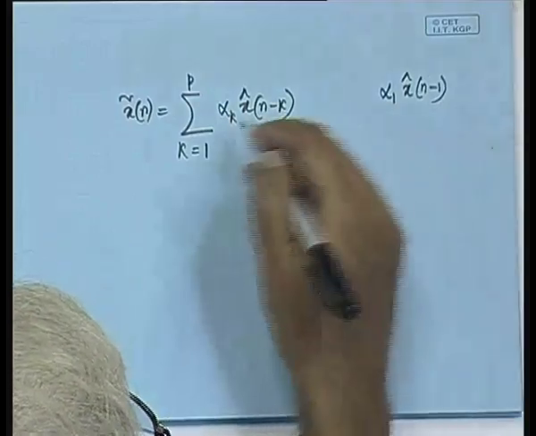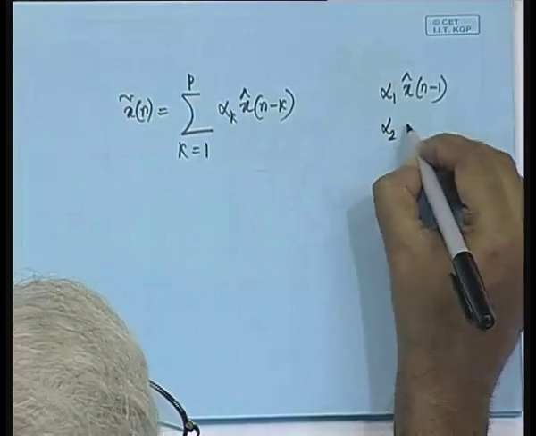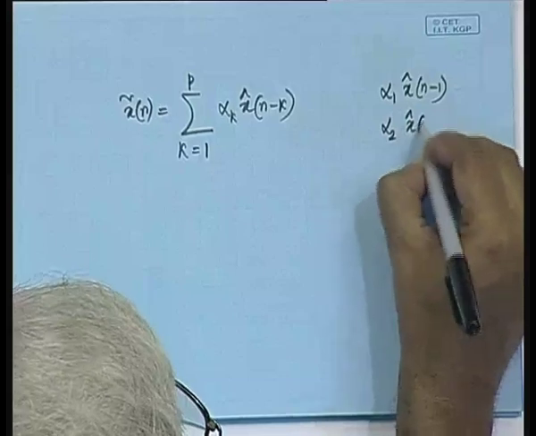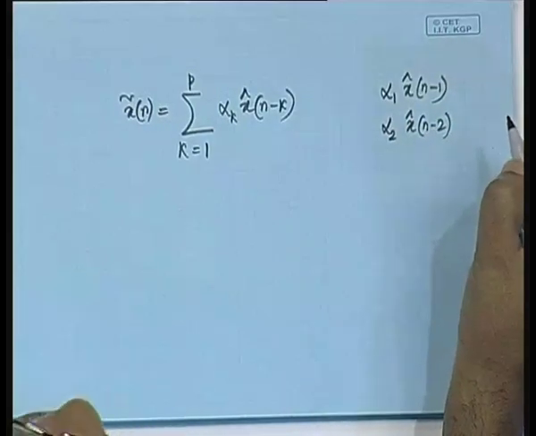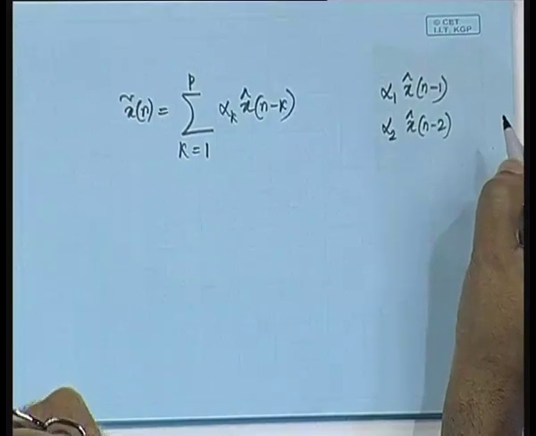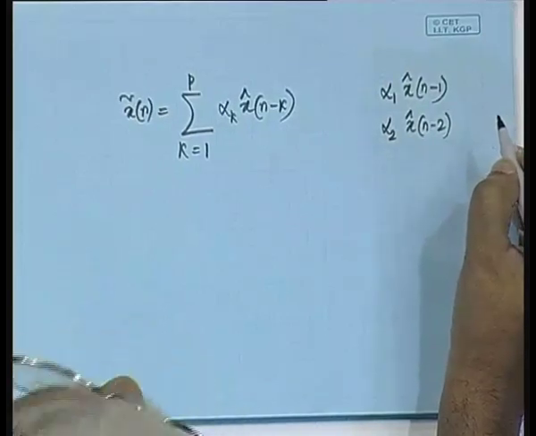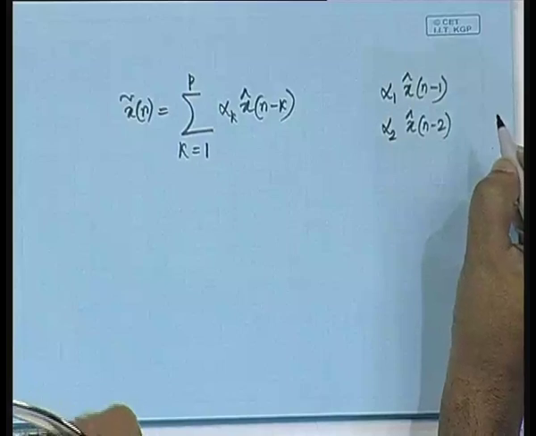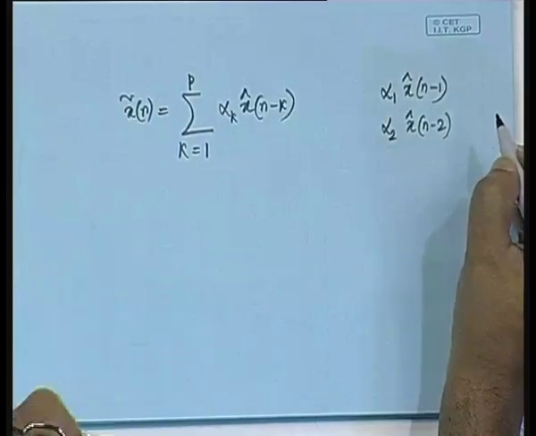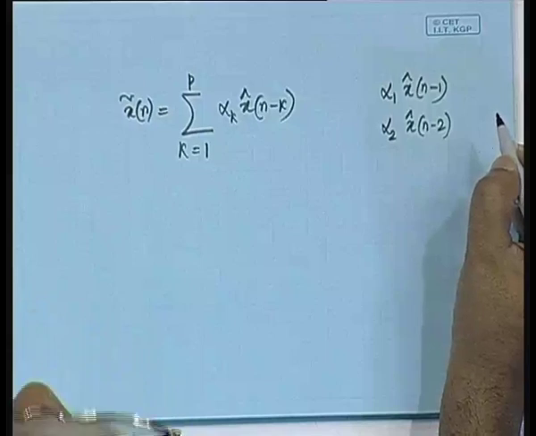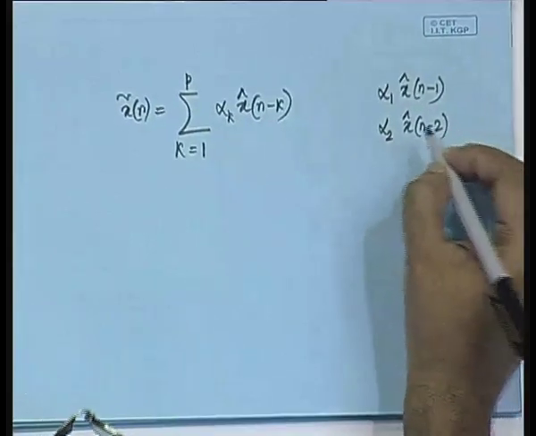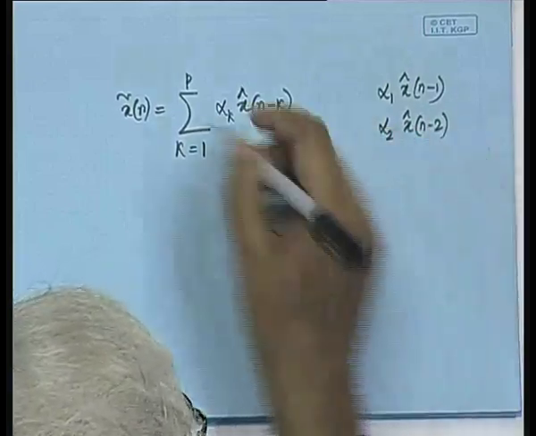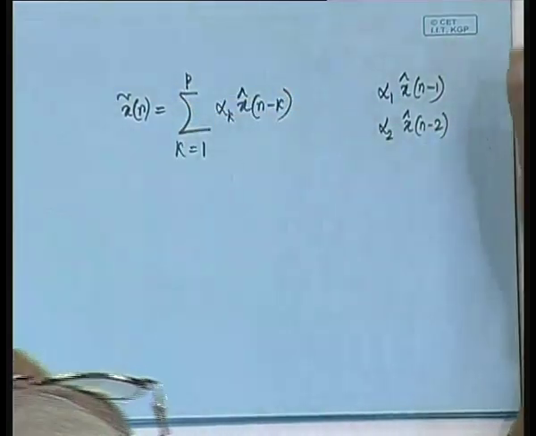What is the second term in this? The second term is alpha 2 into x cap n minus 2. X cap n minus 2 is the sample which is 2 samples before. If the correlation between the present sample and the sample 2 before is relatively less, then we should have alpha 2 smaller. And why are we restricting this summation to p?